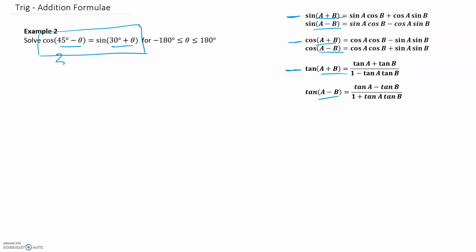So if this was 30 plus theta, we could divide both sides by the left hand side, and we'd get 1 equals tan 30 degrees plus theta, which is easy to solve. You did this in year 1 maths, but we can't do that because what's in the brackets is different. So this is why we need to use the addition formulae.